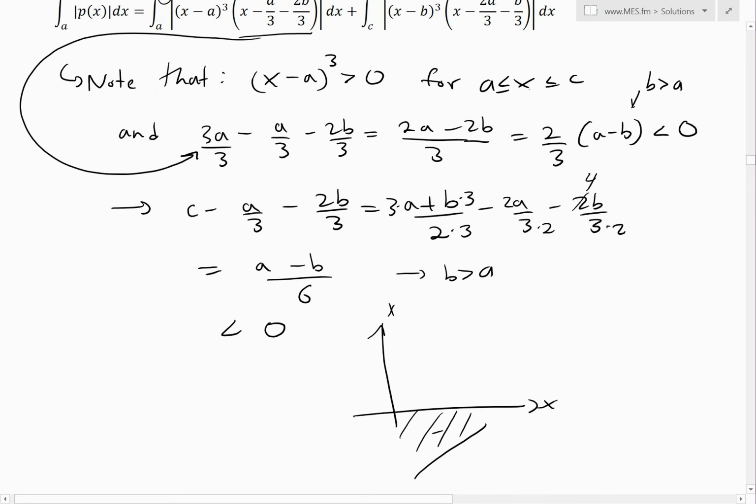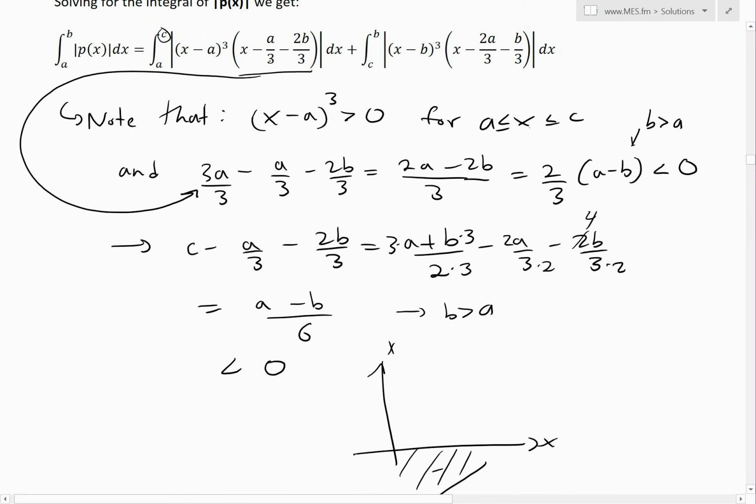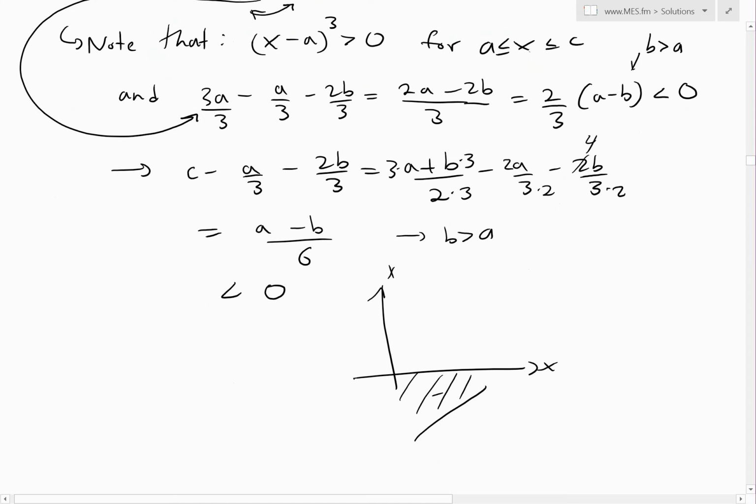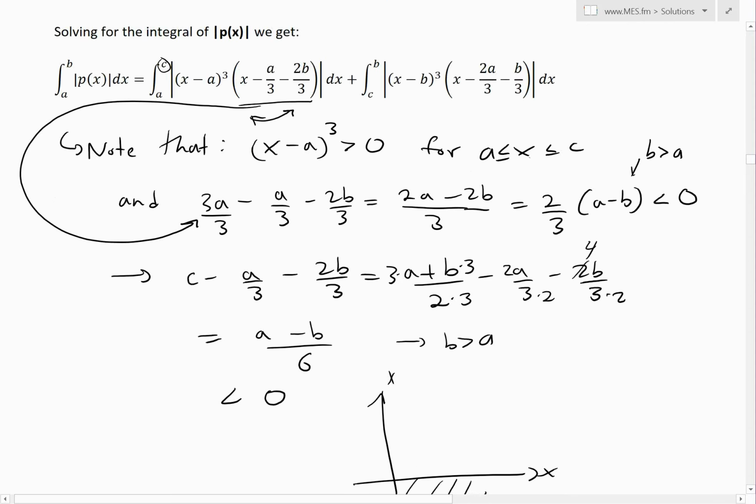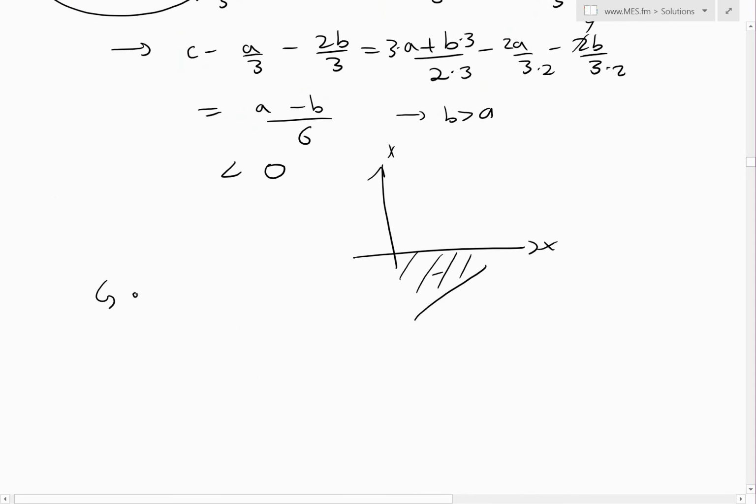So what we'll do is flip these values around and remove this absolute value sign, so that it's always positive. So basically what we have now is a over 3 plus 2b over 3 minus x, which is always greater than 0 for x between c and a.